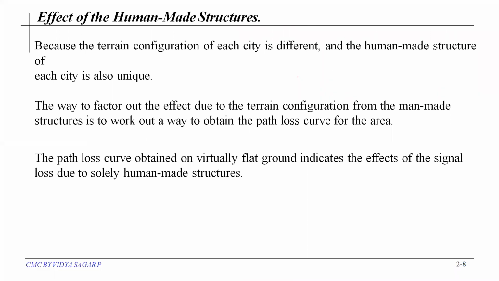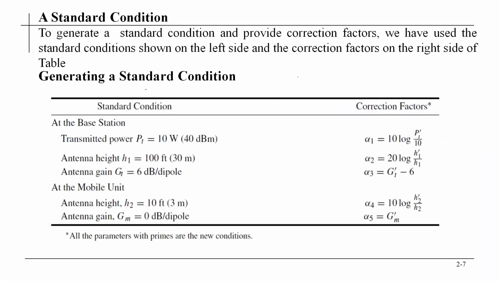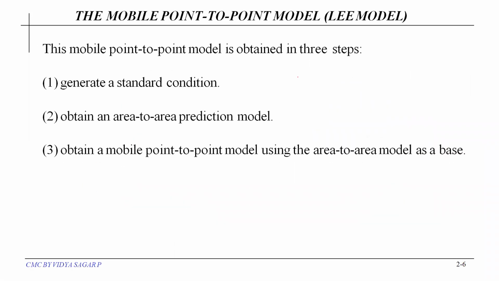It was discussed in the last class. Effect of the human structures. There are high spots and low spots. Accordingly, we will improve the quality of the communication based on these predictive models.